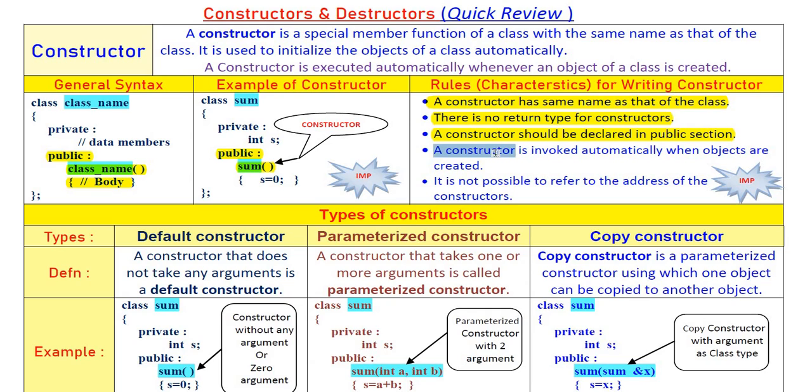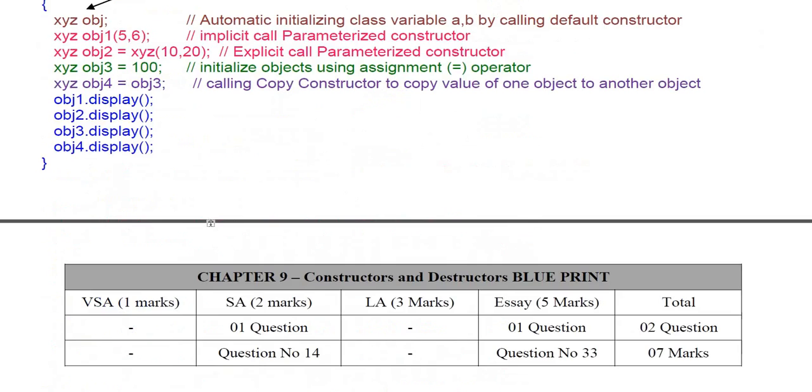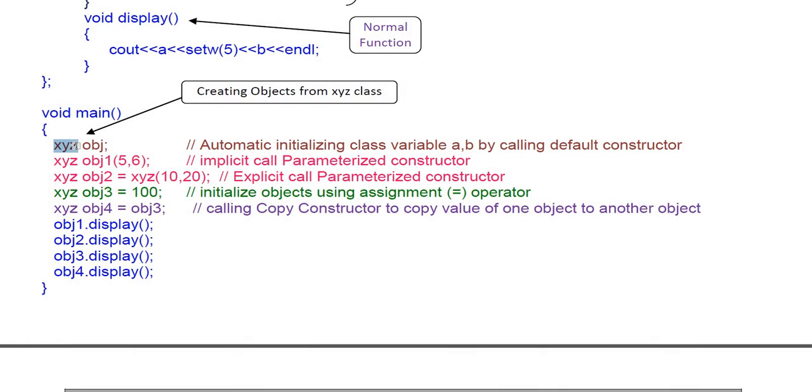Then a constructor is invoked automatically when objects are created. So it is not necessary to call the constructor by using its name. The constructor function is always called automatically when objects are created. For example, here this is the XYZ class and here we are creating an object, name is OBJ.